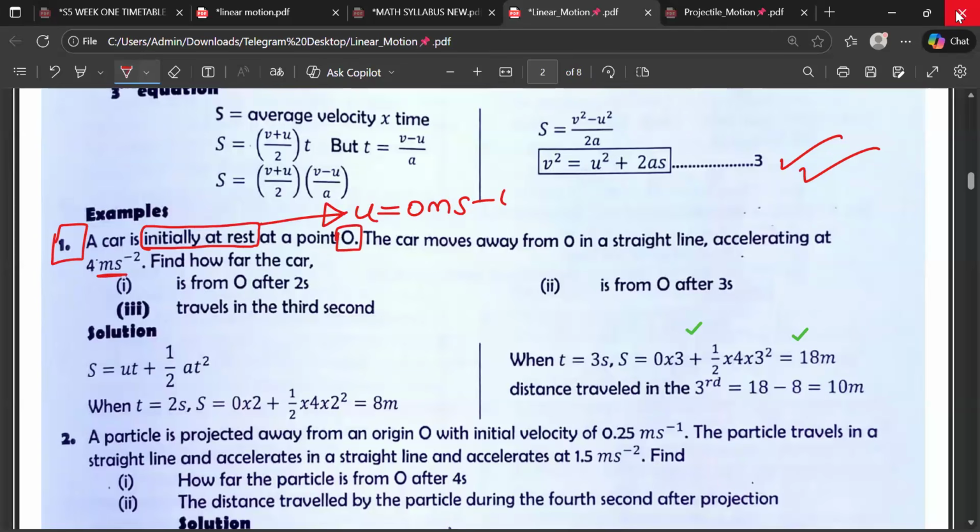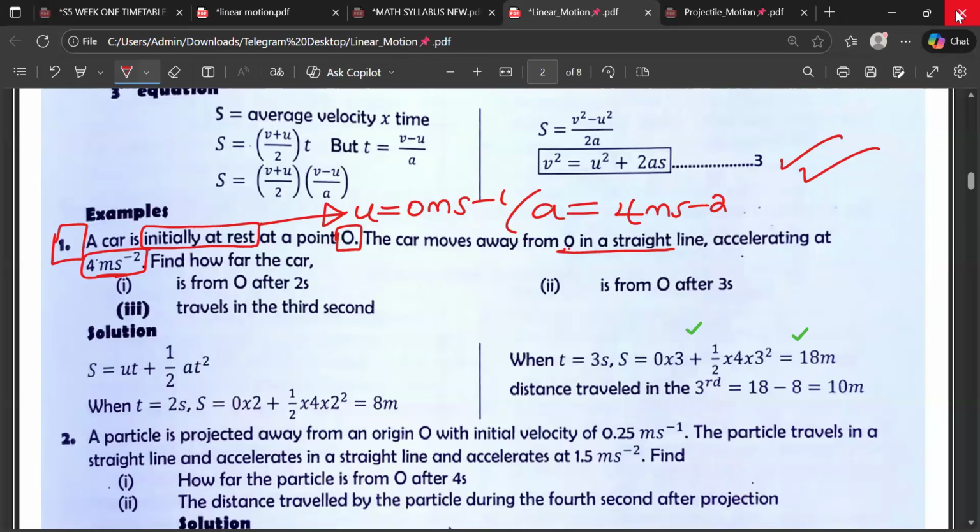So they are saying the car moves away from point O in a straight line, accelerating at this. They're also giving us the value of acceleration, A, which is this. They are saying, find how far the car is from O after 2 seconds.